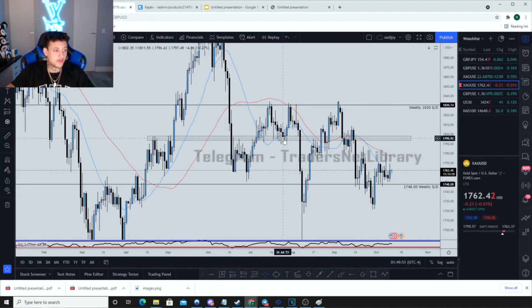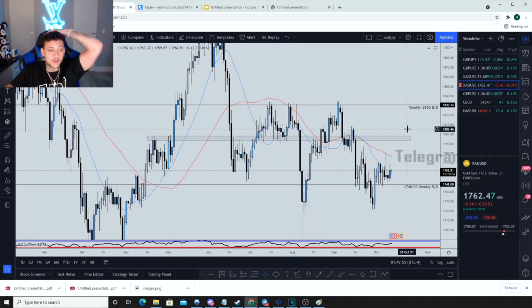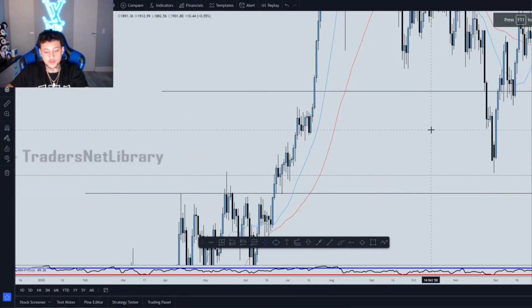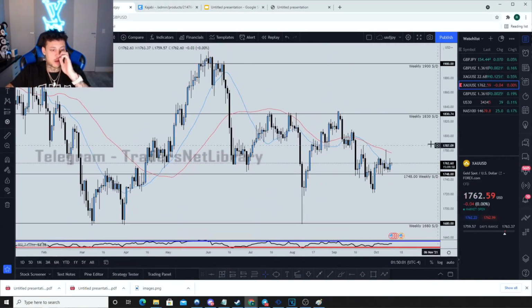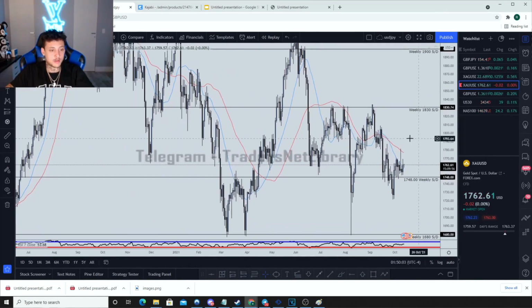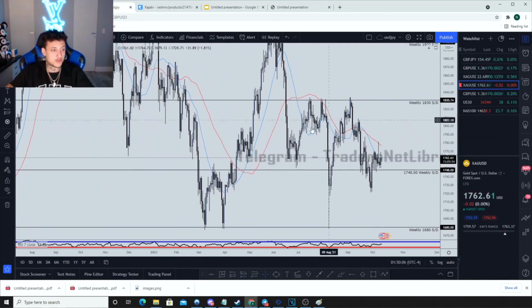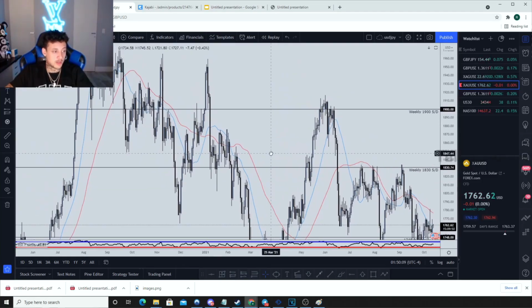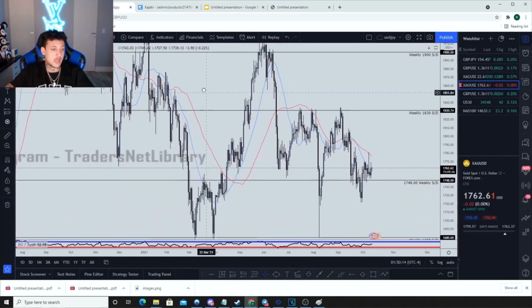Notice the break above, the pullback, the retest, and notice the weekly rejection of 1830 there as well. Very clean. You want to keep your charts as clean as possible, but have as much detailed information as possible when it comes to your trades or your levels, so that you can anticipate future trades and know where price could potentially head next.